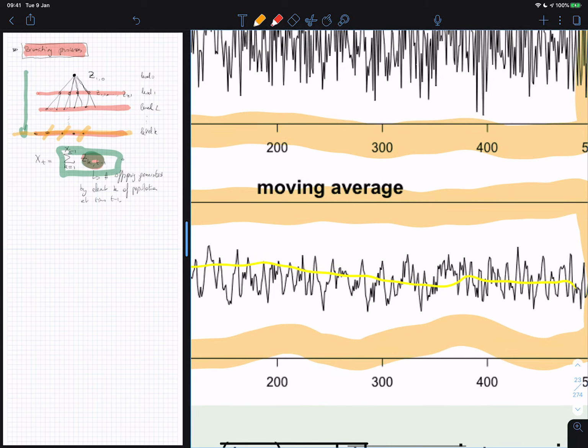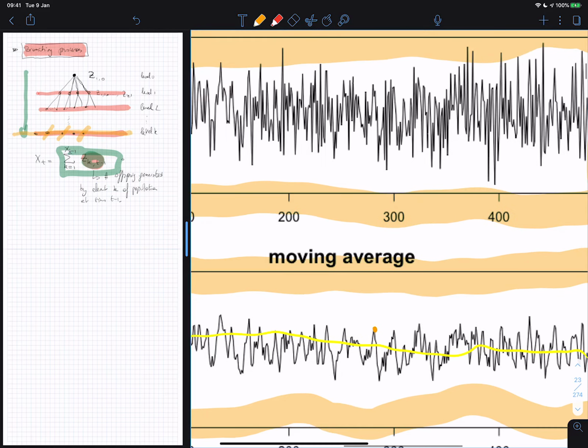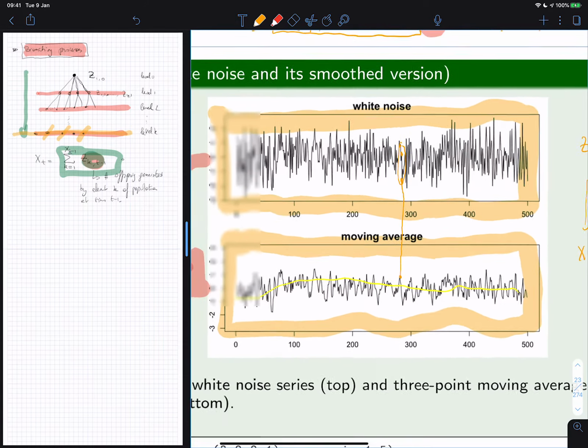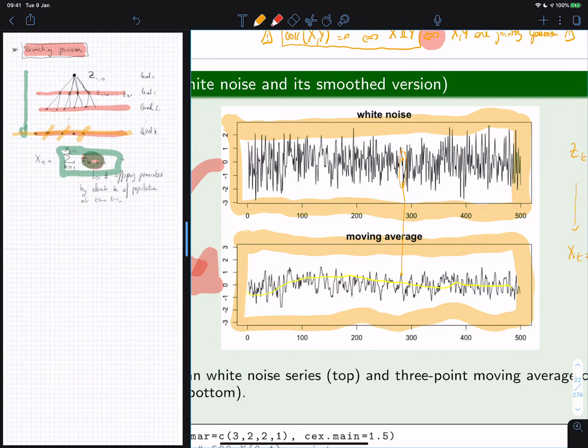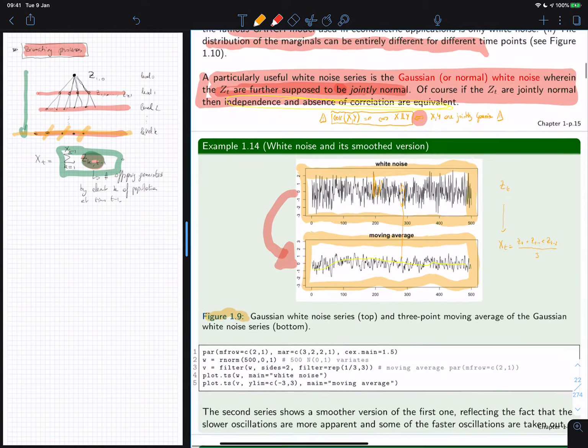But each point here is in fact equal to the average of this one, this one, and this one. That's why it follows the same behavior, because of course the average is very closely related to the data of which you're taking the average. It's a very non-robust estimator, but it smooths out some of the swings that you see.